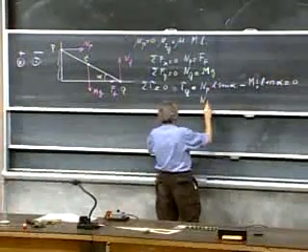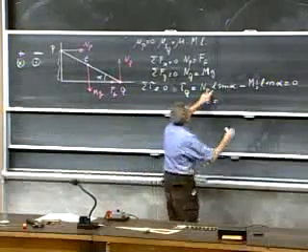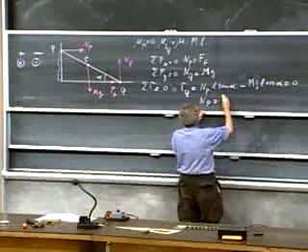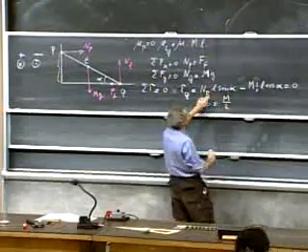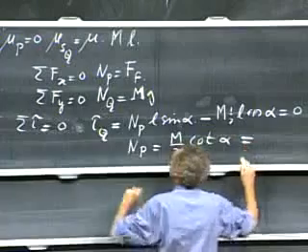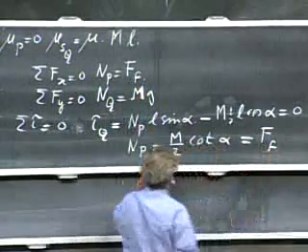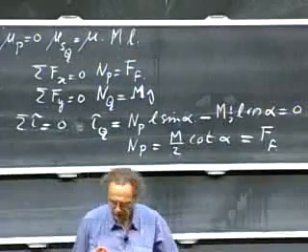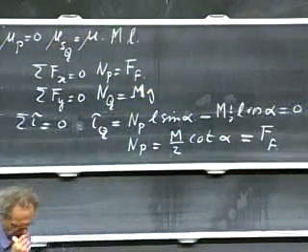So I find that N of P, the normal force at point P, I lose my L, equals M divided by 2 times the cotangent of alpha, and that must be the frictional force. So I know what the frictional force is, given by this result.